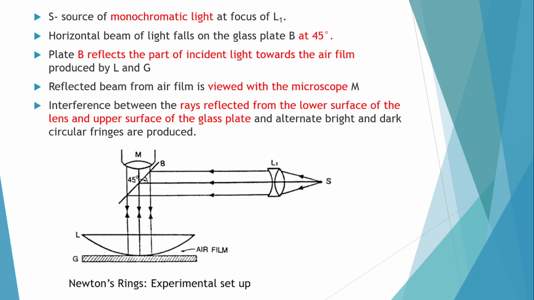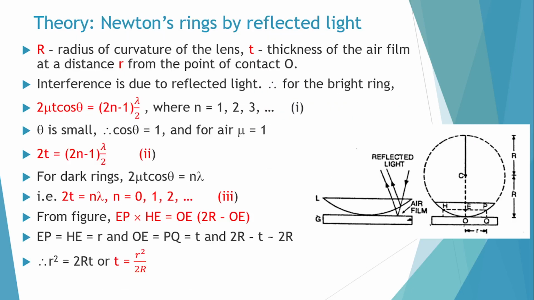Now let us see how the radius of the rings is measured, that is the theory. Here, as a first case, we will consider the Newton's rings produced by reflected light. Look at the first figure, where lens L is kept over a plain glass plate G, and the air film is formed.